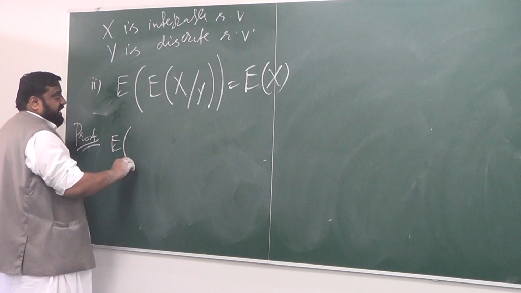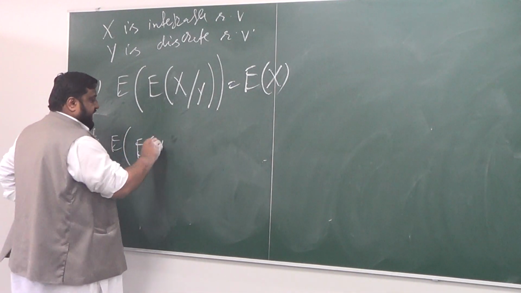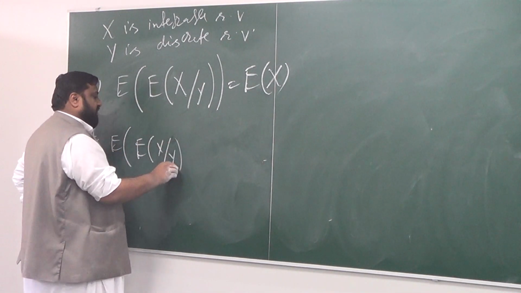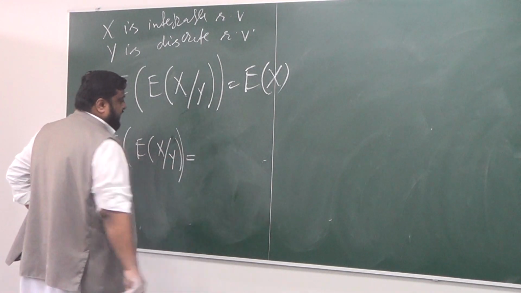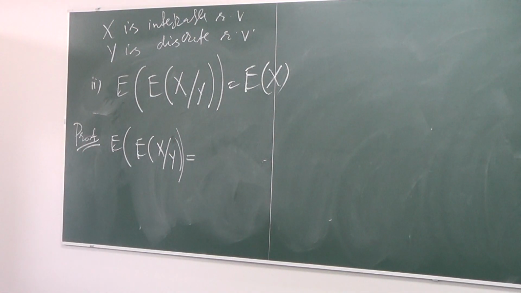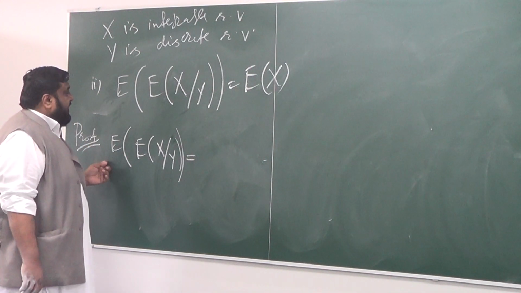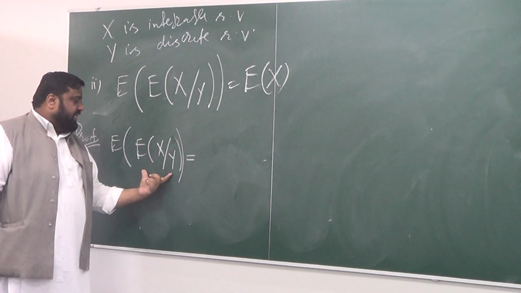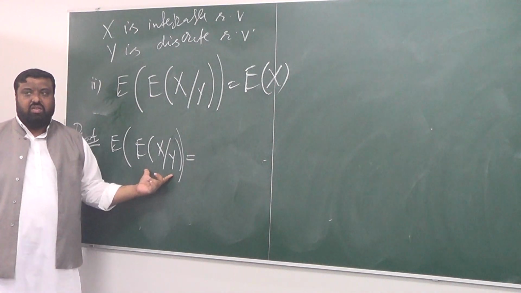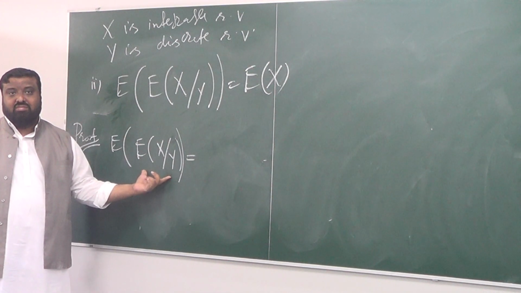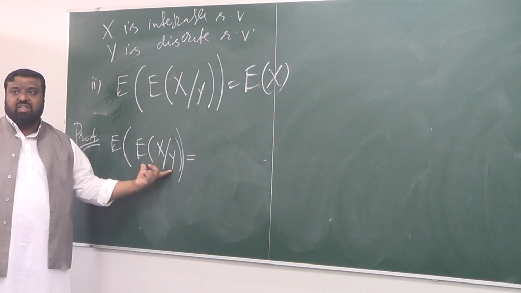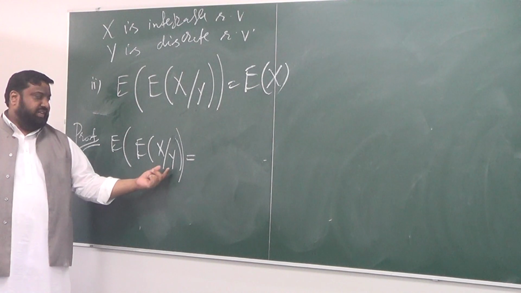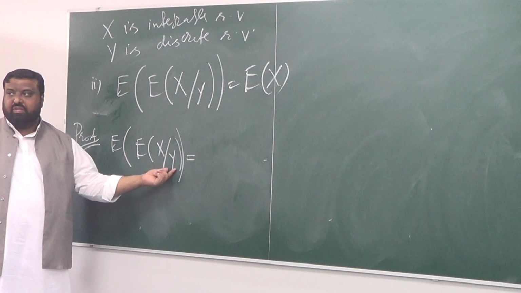Here's the thing. Let's take the conditional expectation of x given y. By the way, if y is discrete, what would be the nature of the conditional expectation? It will also be discrete, isn't it? We see that this takes different values on different events corresponding to the values of y.